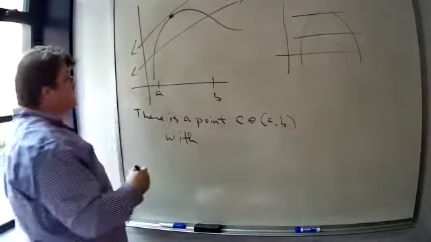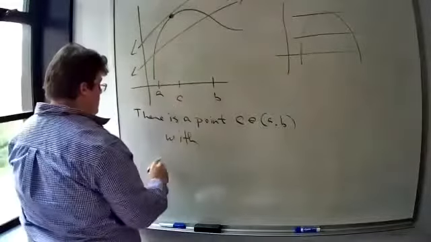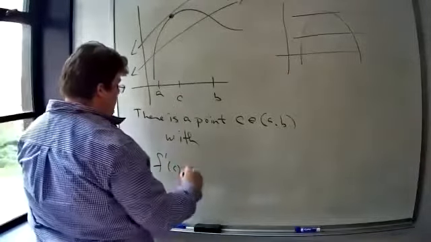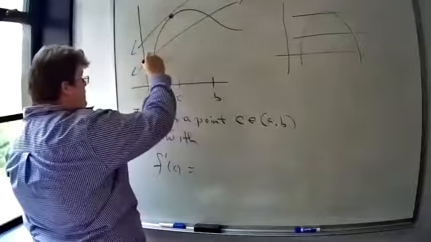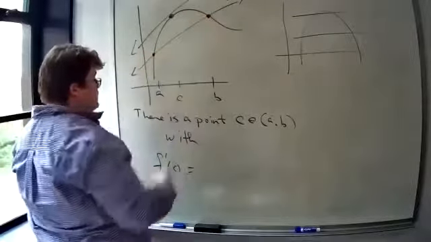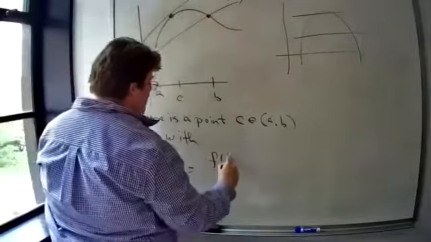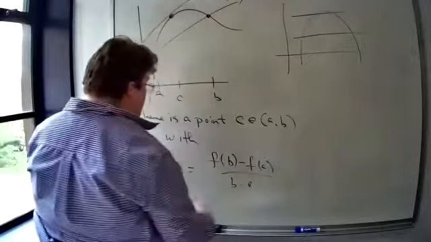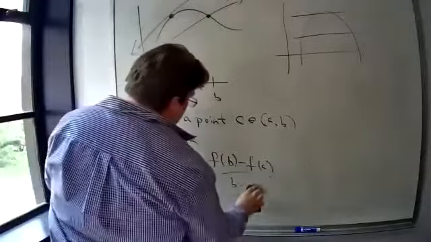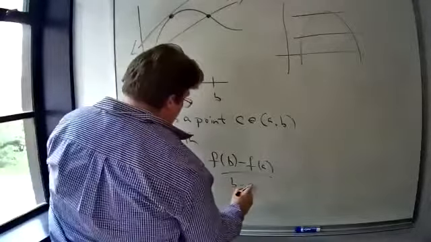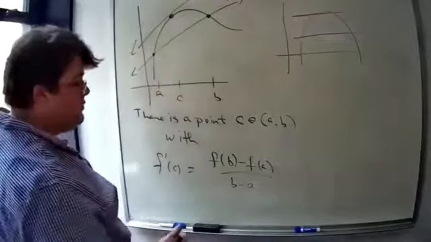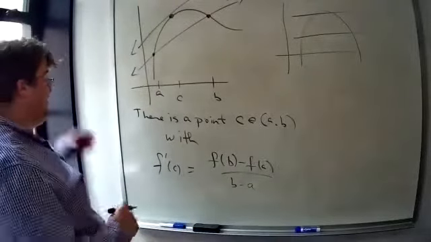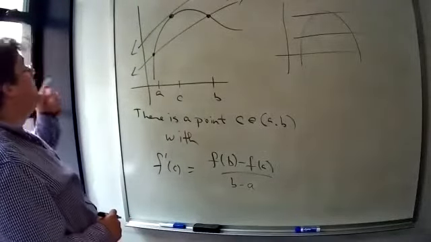So slope of the tangent line at C, f prime of C, equals the slope of the line through those 2 points, which is the change in y divided by the change in x. It's a very important theorem. It gave us all of the results we needed for the following lecture on graphing.